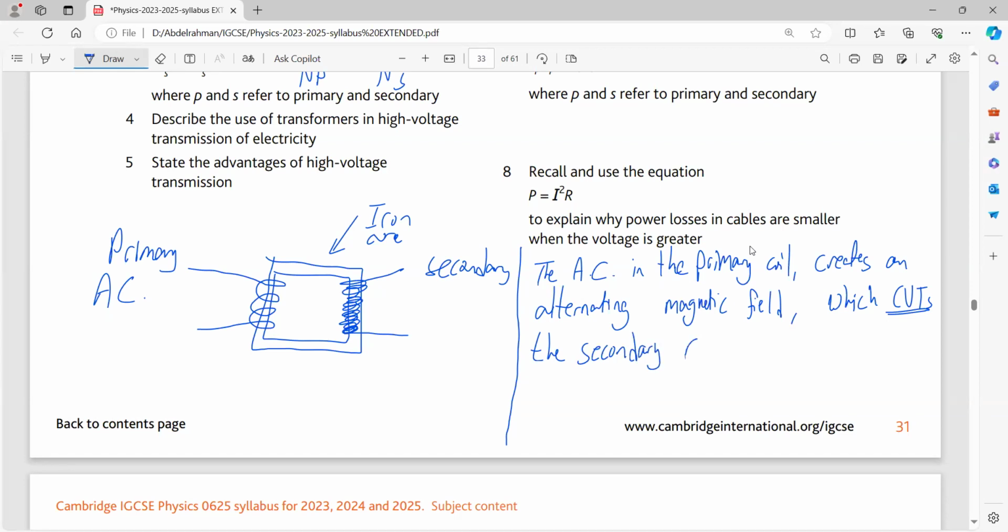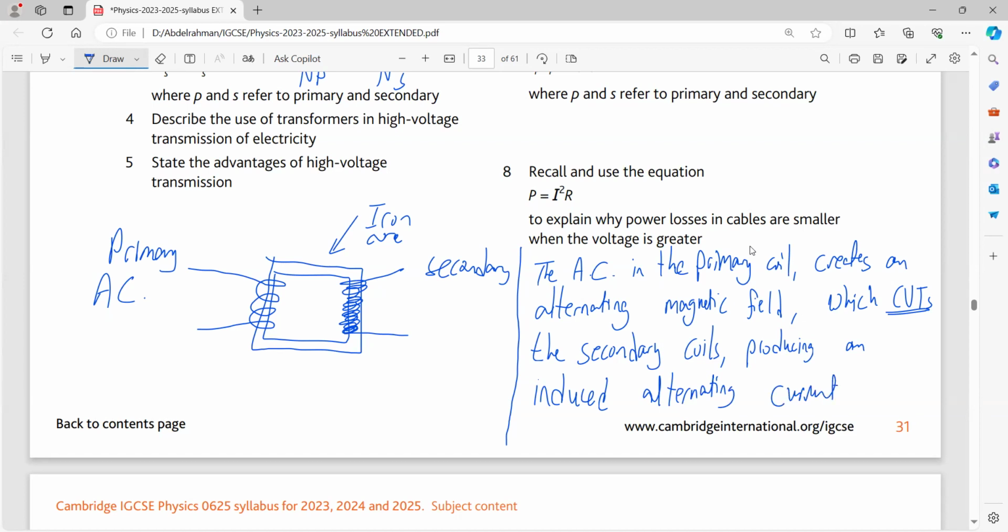The secondary coil, producing an induced alternating current.